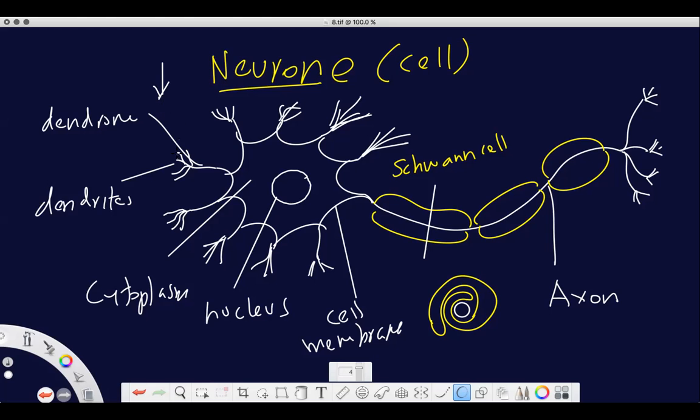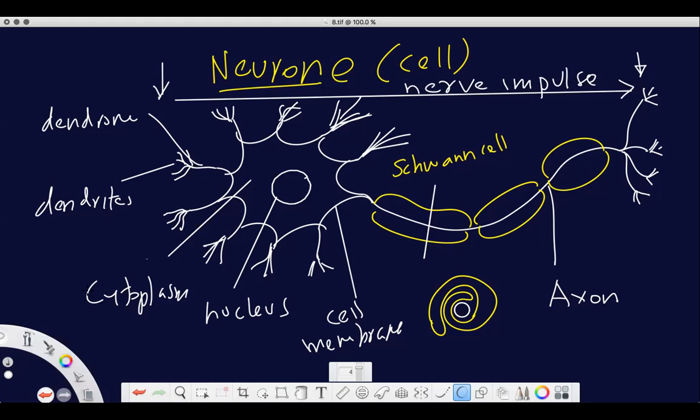So when this end communicates with another, let's say a receptor or maybe another cell, then it ends up at this point. They are capable of transmitting a tiny current from this end to this end, and it is called a nerve impulse.